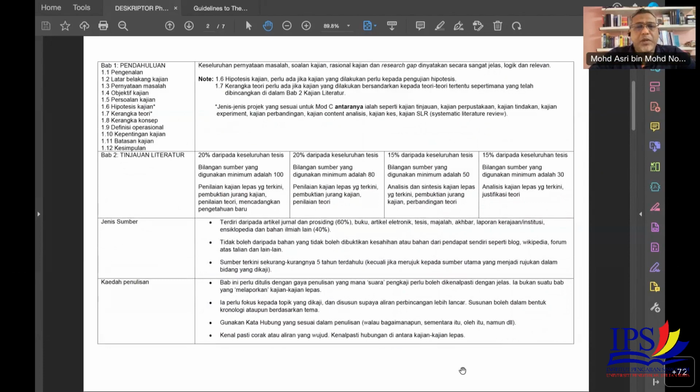Now, first of all, we need to understand that when we talk about project paper, our understanding is that conventionally we understand that project paper refers to a research, a mini research. Okay, that is what our understanding is all about when we talk about project paper.